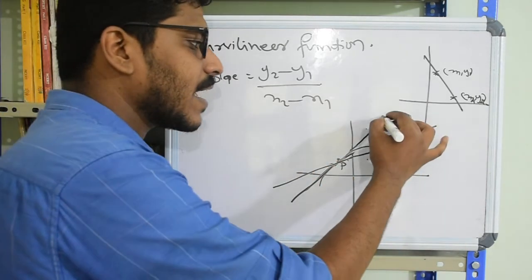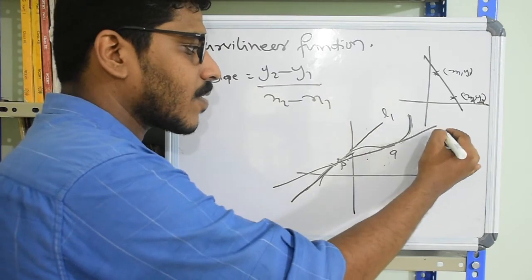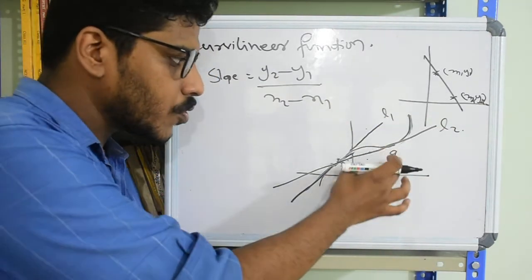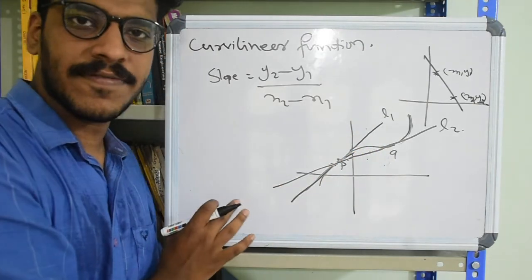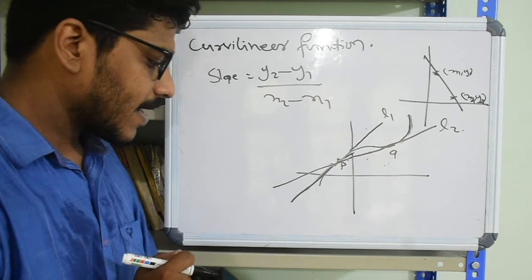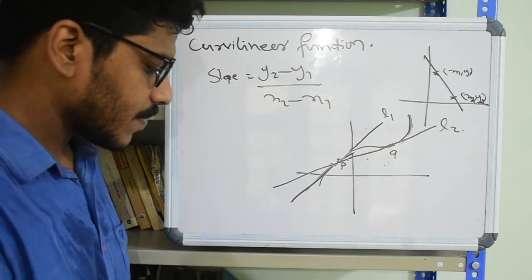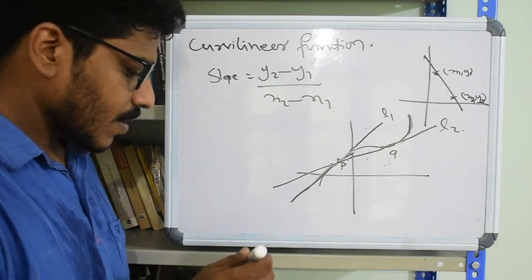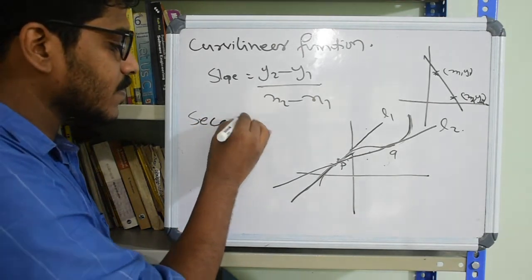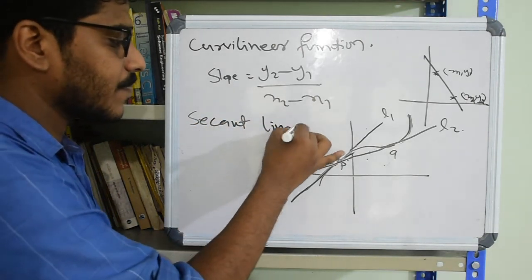I call this line L2, and this line L2 passes through two different points of the curve. Such lines are called secant lines.